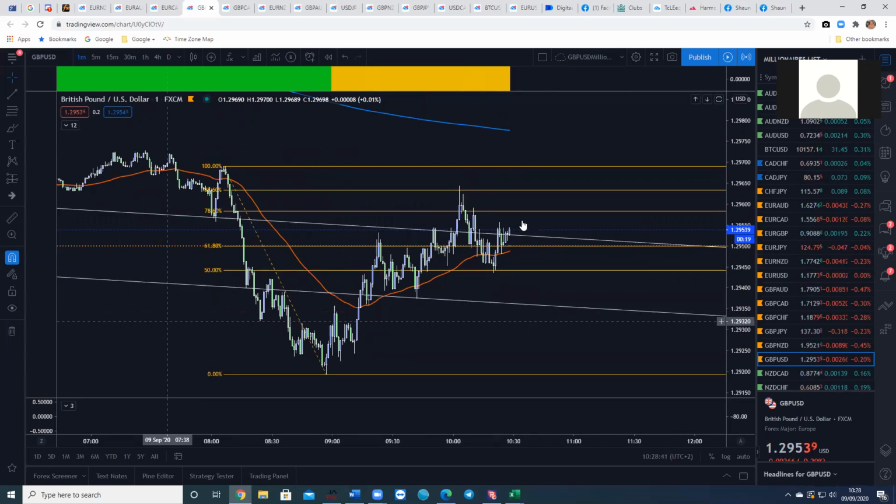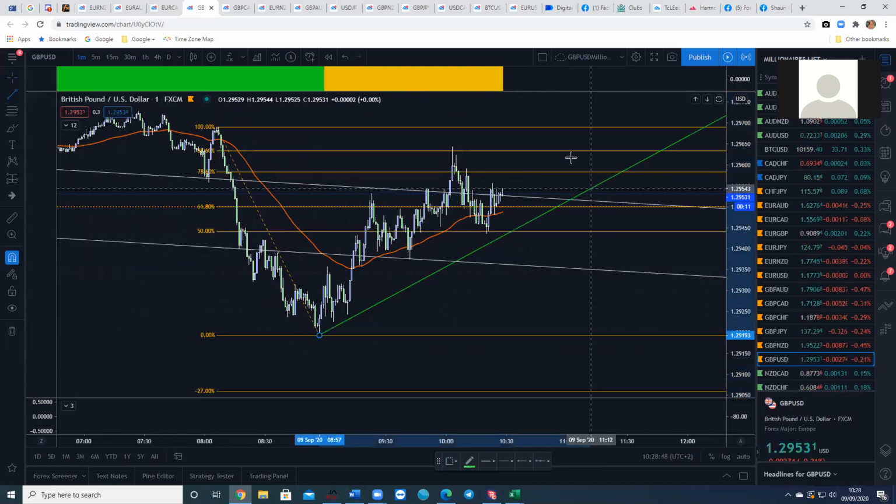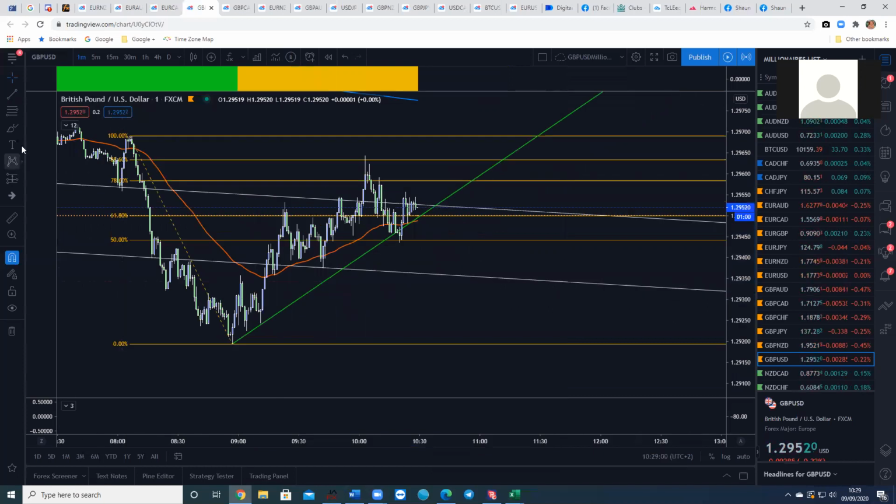If the euros are going down, I'd expect the GBP to be going up. And we've got that there. There's an upward trend there. So we need it to break that like this. If we're going to sell, it needs to come and do a break and a retest off the 62 and then go down like this.